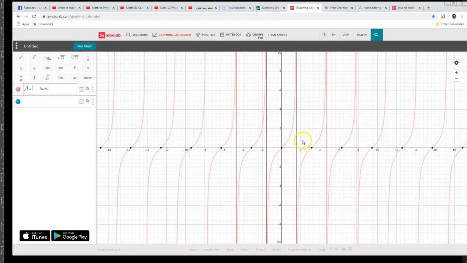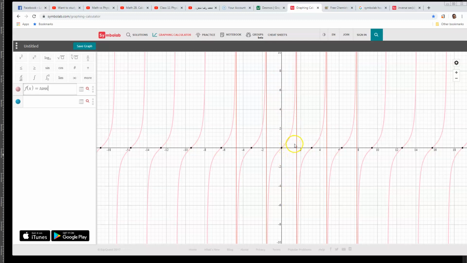Now, if we restrict the domain of the function to negative pi by 2 to pi by 2, of course the function is 1-1, and also onto, with the range as R.